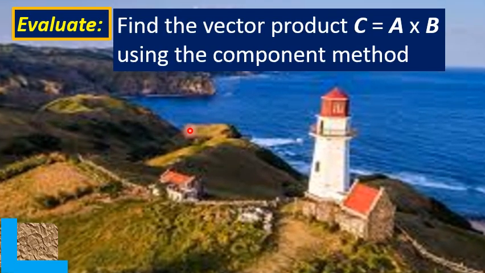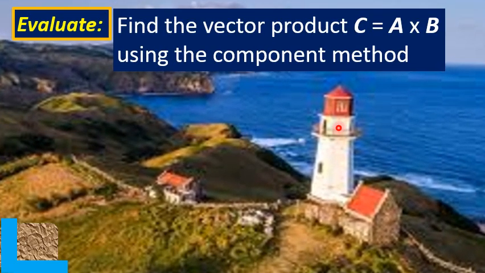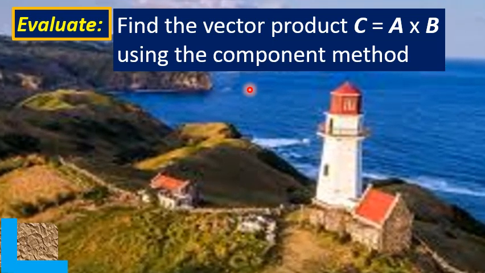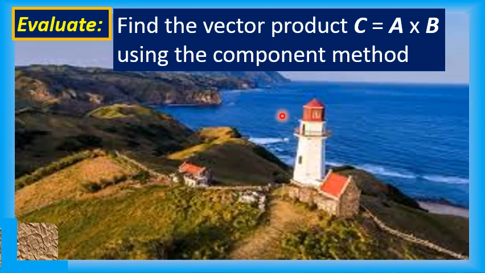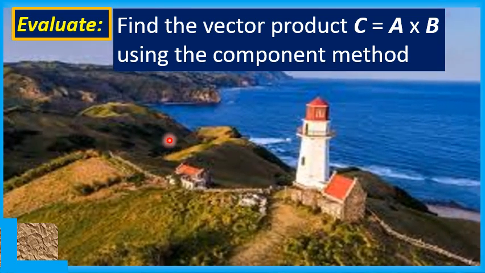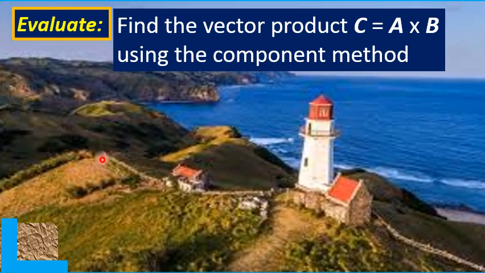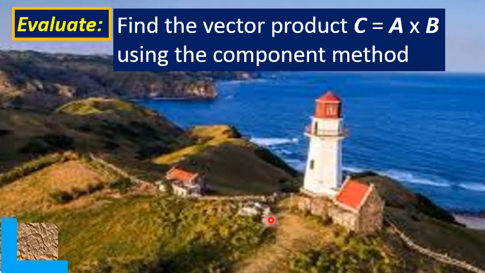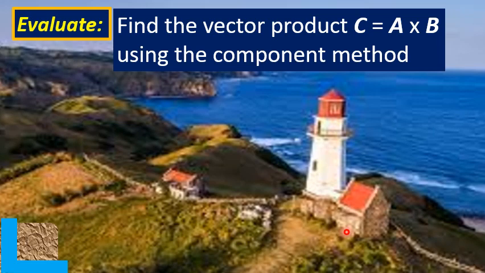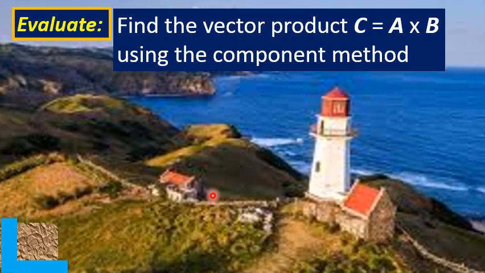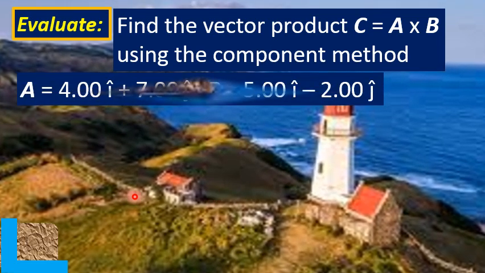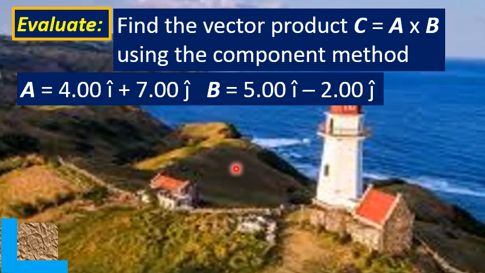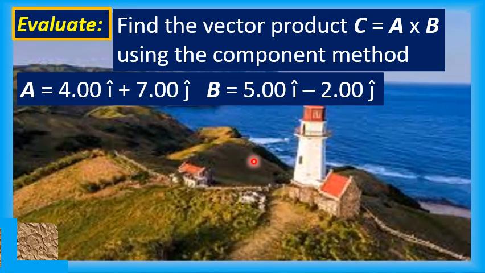Another method of determining the vector product of vectors A and B is using the component method. We will do this component method, all right, to verify if our answer earlier is indeed correct. So, we have once again the given vectors in their i and j unit vectors.